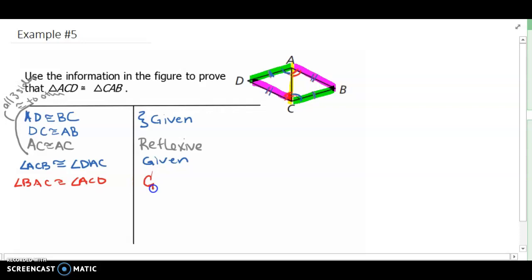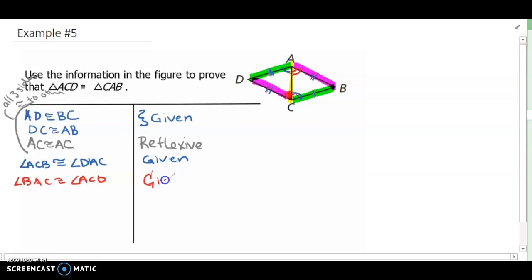That is also given. Now, I don't have anything that I could use to show that D and B are congruent unless I use the theorem we just did. If I know that these two are congruent and these two are congruent, by the third angles theorem, I can tell you that angle D is congruent to angle B by the third angles theorem.